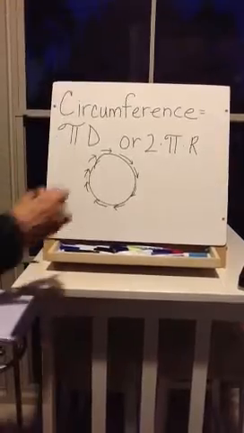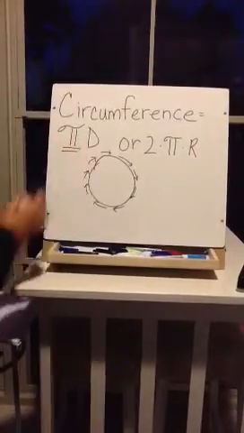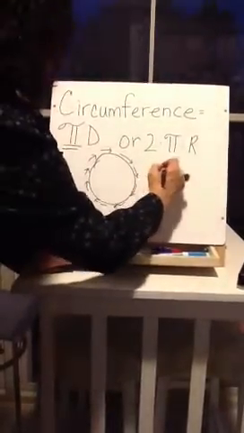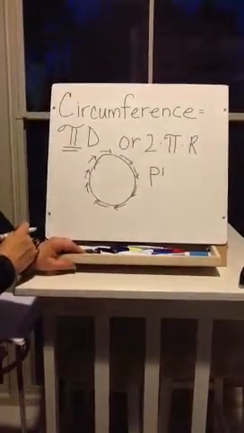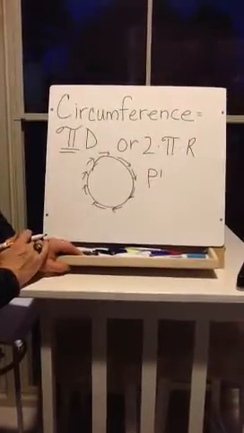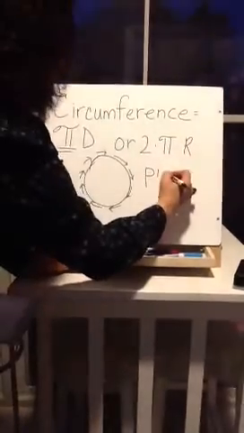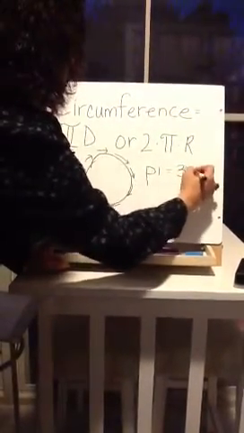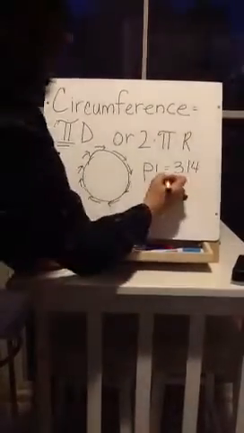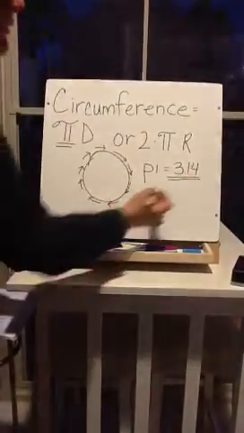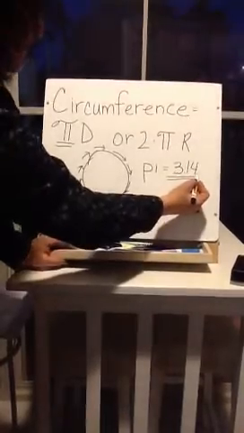When we deal with circles, we have to deal with something called pi. Pi is standard, and I'll do another video to explain what pi is. It is 3.14, and it keeps going to infinity, but we round it to 3.14. That is 3 14/100.